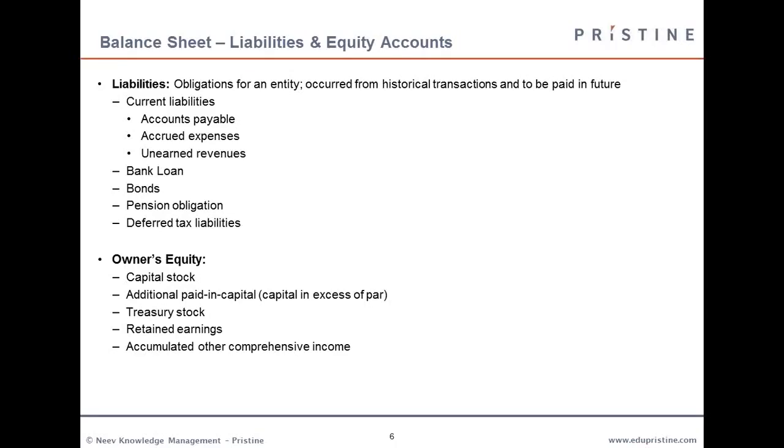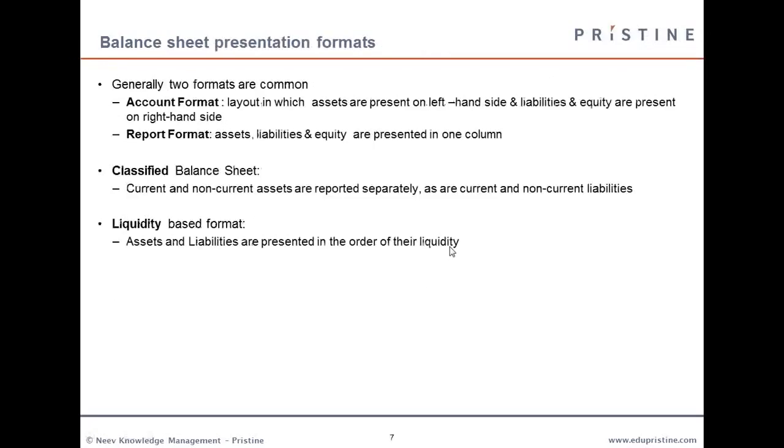The other component is the amount contributed by the shareholders of the company. That includes capital stock, additional paid in capital, treasury stock, etc. We'll discuss all these terms in detail as we proceed forward, so nothing to worry about there.